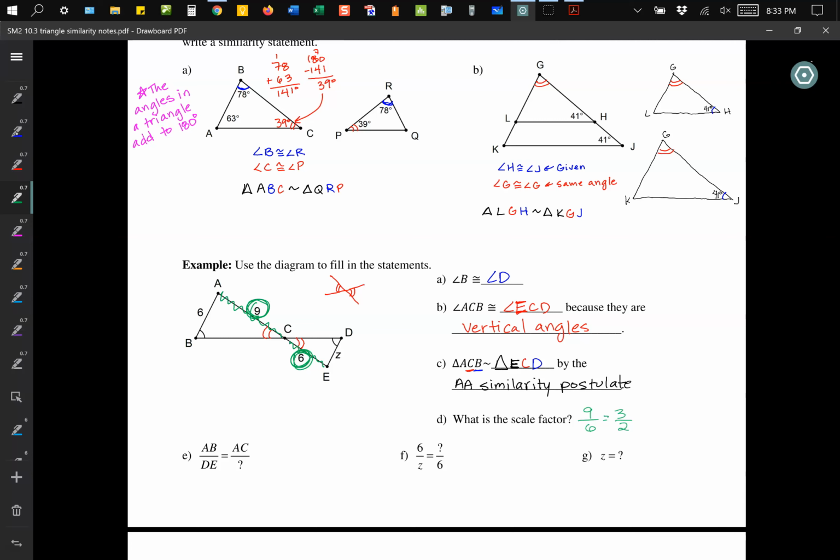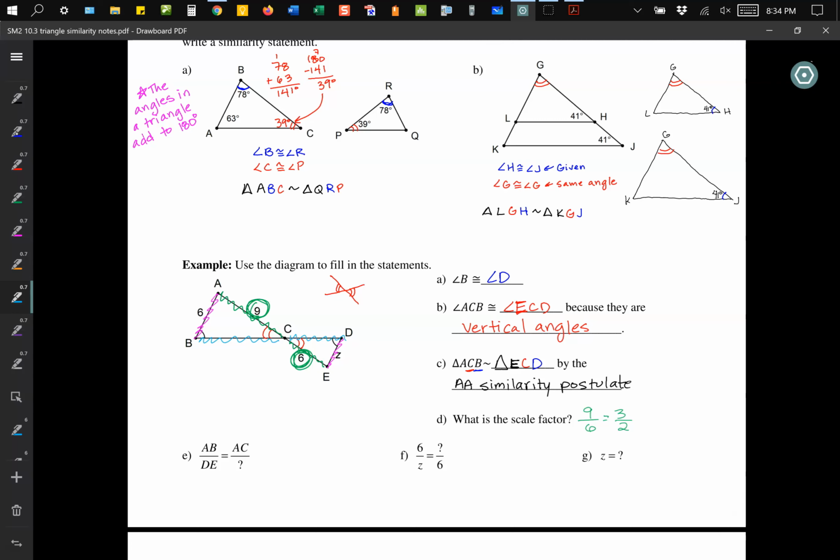So let's go ahead and fill in the blanks on the proportions. I'm going to color in my matching sides here so we can see. Between no marks and 1 mark matches up with no marks and 1 mark. Between 1 mark and 2 marks matches between 1 mark and 2 marks. So I can see which sides match up now.